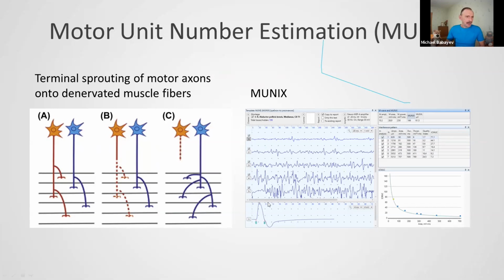Here in the picture, which is schematic, we can see 2 motor neurons that are located in our spinal cord and their axons that go through the full length of the nerve to the muscles. And here are muscle fibers. The first motor neuron is connected to 3 muscle fibers and the second to 2 muscle fibers. It's only schematic.